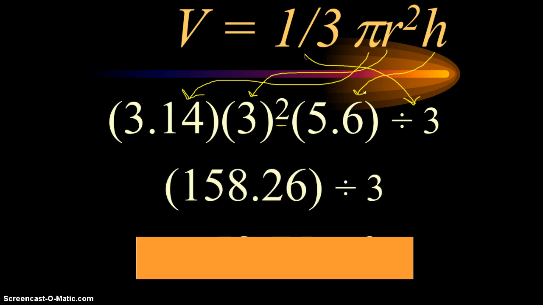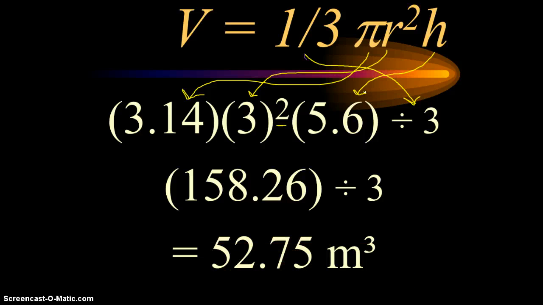So when you multiply 3 and 14/100 times 3 squared, or 9, times 5.6, you get 158 and 26/100. Take that product, divide it by 3. You should have gotten a total volume of 52 and 75/100 meters cubed.